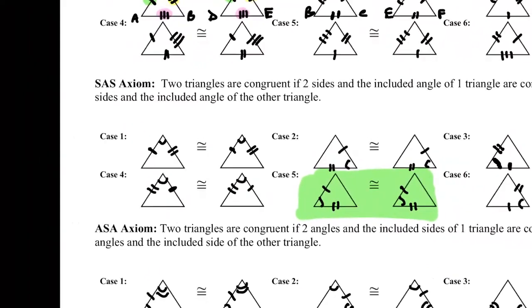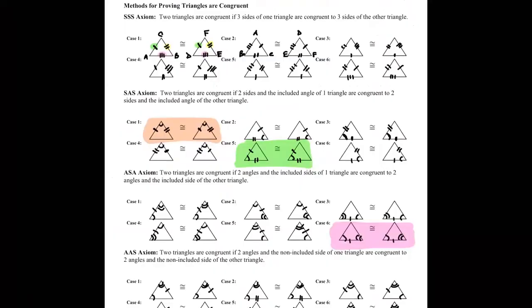It's not perfect, but it does follow this pattern. One tick mark, one arc, two tick marks. So we have it. The triangles don't really look the same, but they don't have to. These are generic cases, those are particular cases. So we can now say that those two triangles are congruent by the SAS axiom.